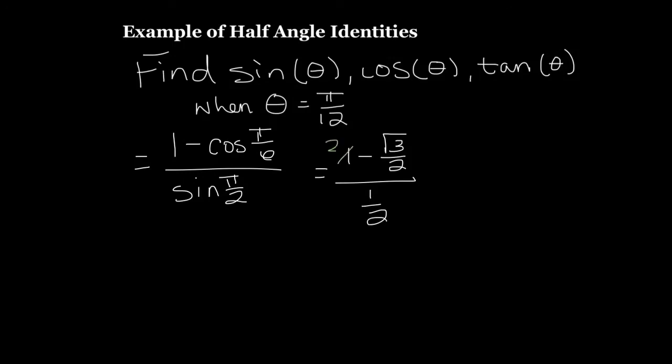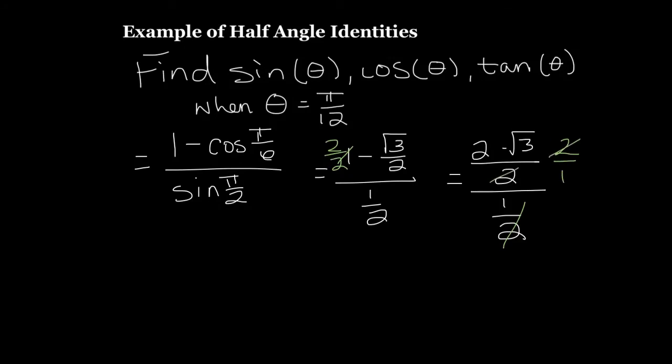Don't forget to change that fraction so we can combine them. This time when we multiply by the reciprocal, I'm going to be multiplying by 2 over 1, which is nice because we get some stuff to cancel out. And so then I'm going to be left with 2 minus root 3 as the final answer there.